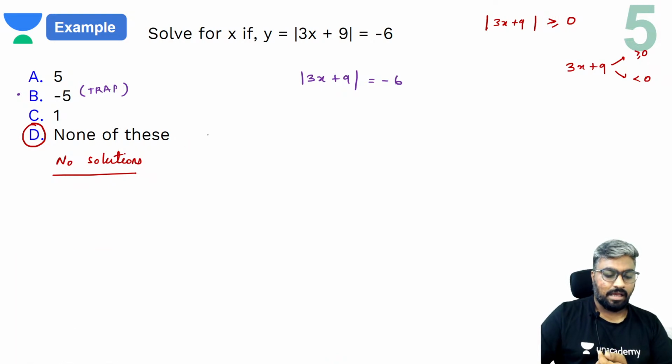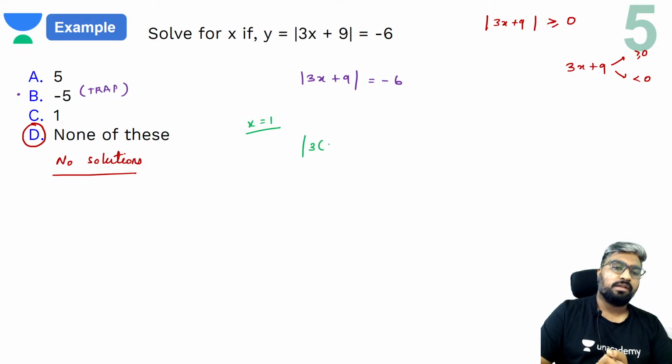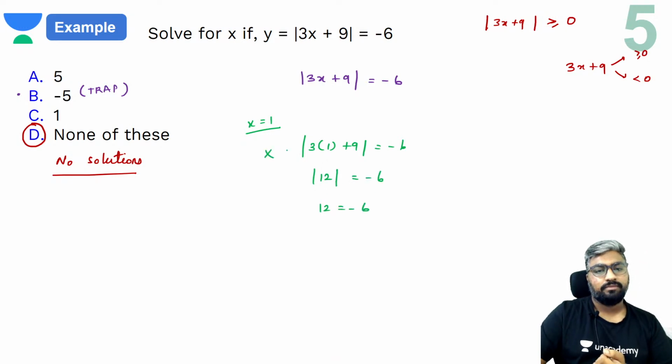Why? Now, as Rishi says 1 and -1, if I put x as 1, what happens? Modulus of 3 into 1 plus 9, this is 12. Modulus 12 is equal to -6, or 12 is equal to -6, not possible.